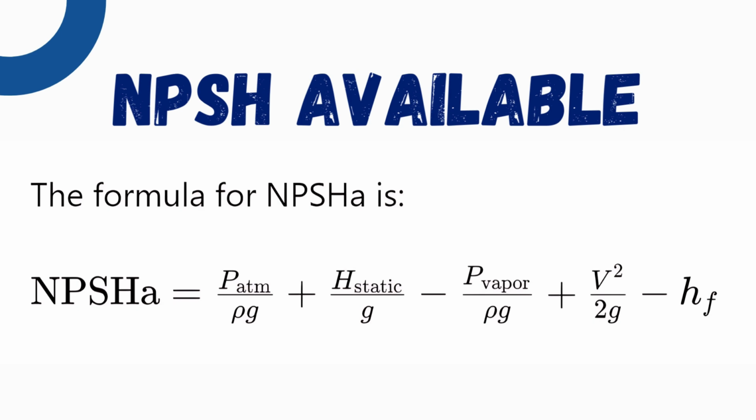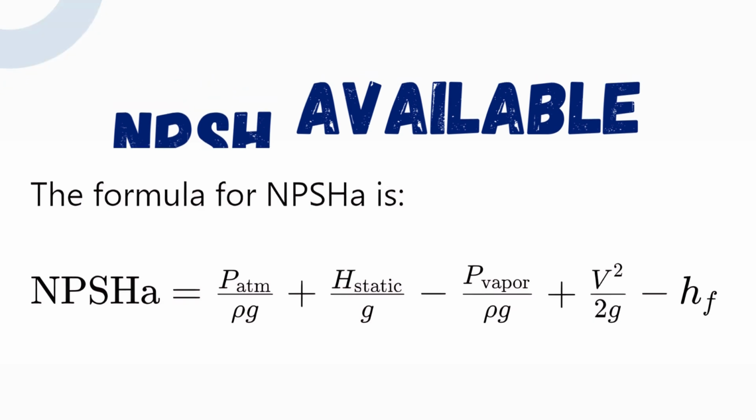Using this formula, we will calculate the NPSH available by breaking the equation into steps and calculating every individual term.